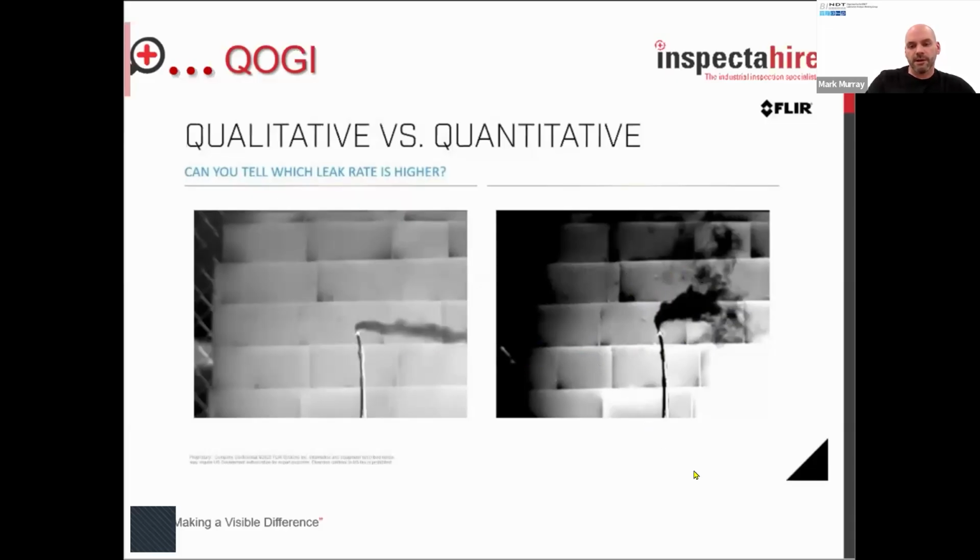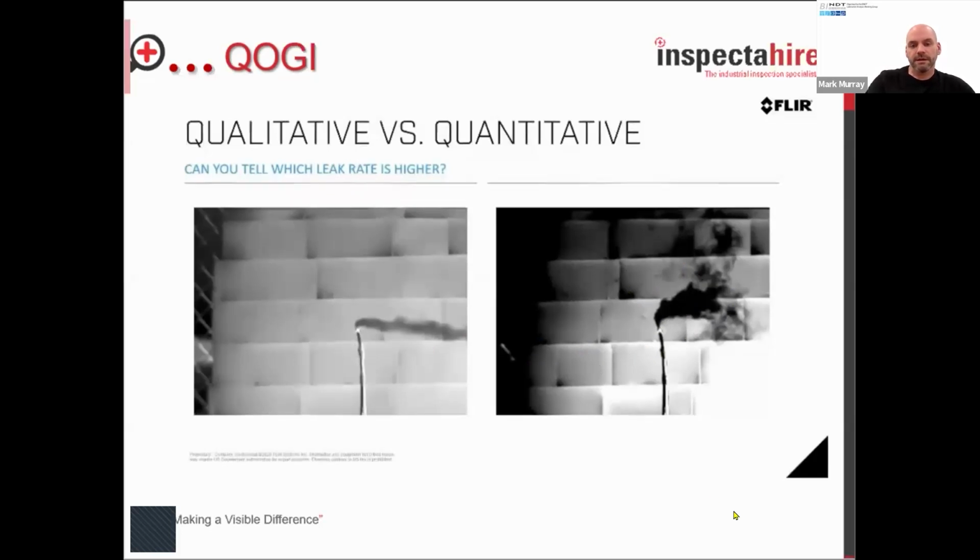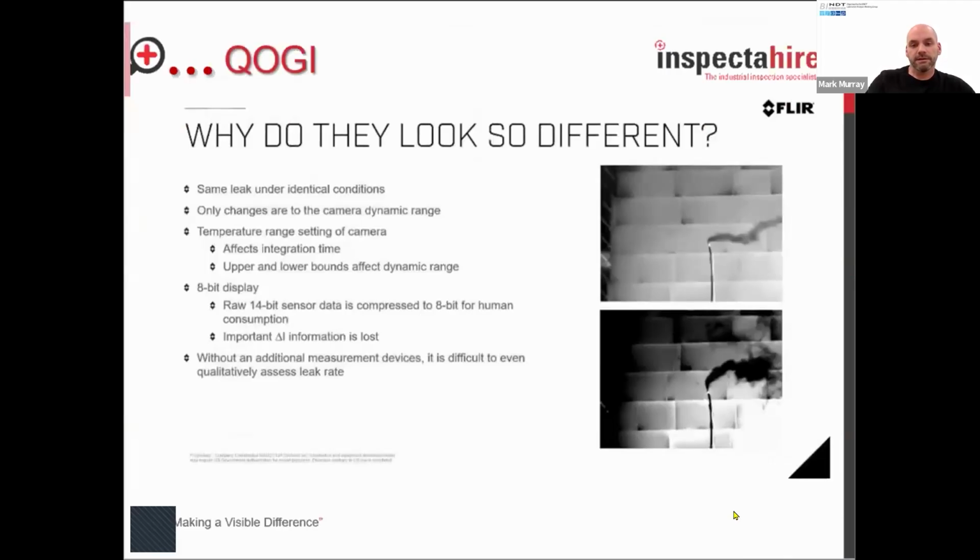So it can be misleading when you're looking at the same image. So by quantifying that particular leak, you can say for sure what you're looking at. Changing the dynamic range, so that's your level and span, sometimes may make it look more dramatic. Because we're measuring the change in intensity of the pixels in the field of view, we will get the exact emission rate of the gas.